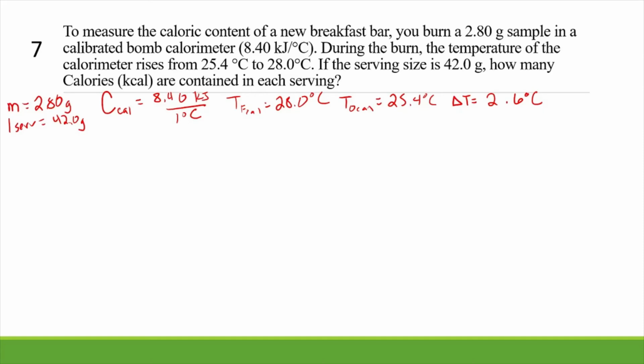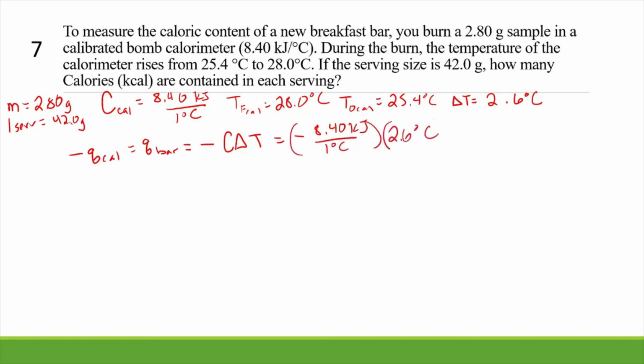Okay. So we have our delta T now, and we also know that the negative Q calorimeter is equal to Q of our bar. So Q would be negative C delta T, which is negative 8.40 kilojoules per 1 degree Celsius, times delta T, 2.6 degrees Celsius.